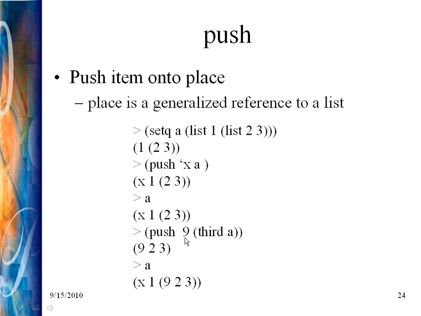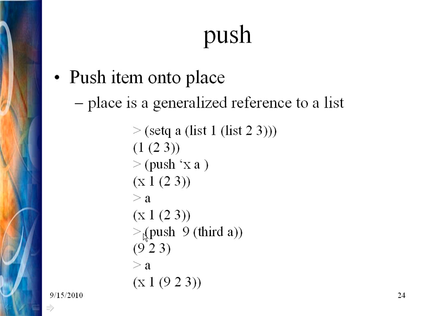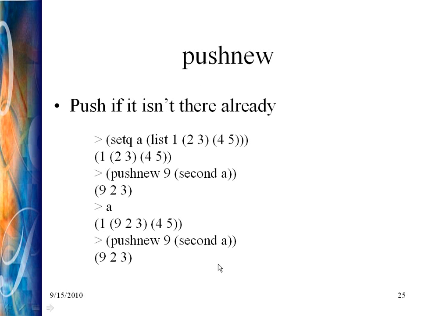But we can also push the number 9 onto the third of A. The third is now this list, and so the result of that is that A is now still a three-element list, but its third element has now been modified by having 9 pushed on the front. Pop also works for generalized references, so we could pop the third of A. We would get 9, and it would remove it from that list.